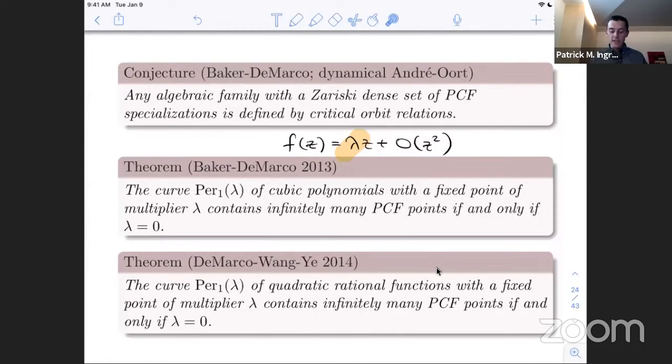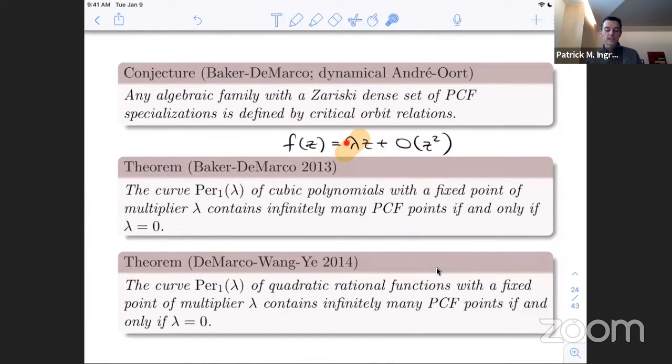Per_1(lambda), in the space of cubic polynomials, which is two-dimensional, is the curve of examples with a fixed point of this particular multiplier. So you're fixing some number lambda, and you're looking at the curve this defines. In general, if you fix this thing here, that's not telling you anything about critical points, and so you expect that to not be one of these critical orbit relations.